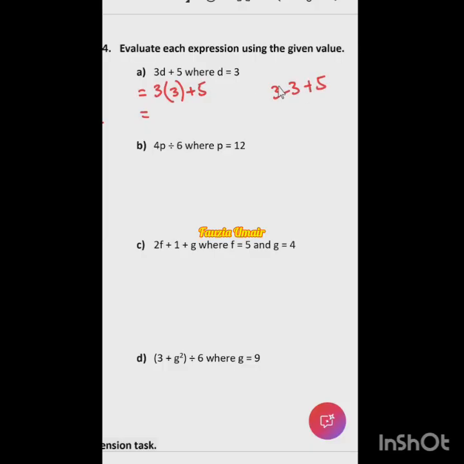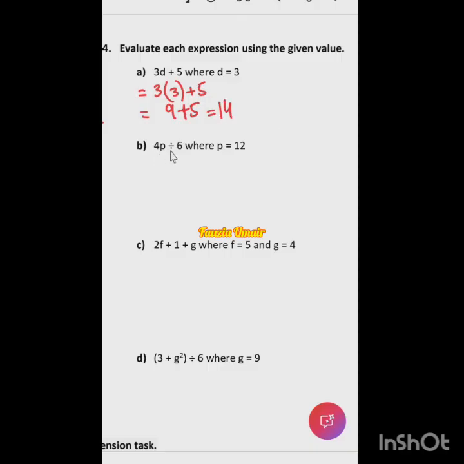Later they forget that these two are multiplied and say 3 minus 3 is 0, plus 5, 5 is the answer. Are you getting this point? Whenever you are confused about which operation to perform, you can always go back to the question and see what is the operation between the variable and the coefficient. What is 3 into 3? 9. 9 plus 5 is 14. 14 is the answer, right?